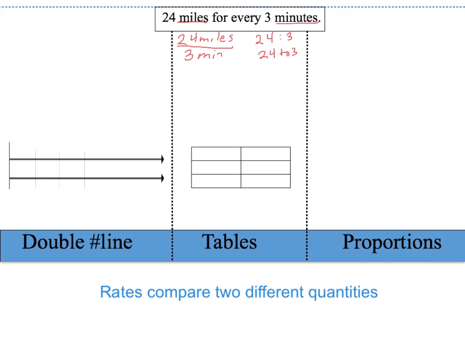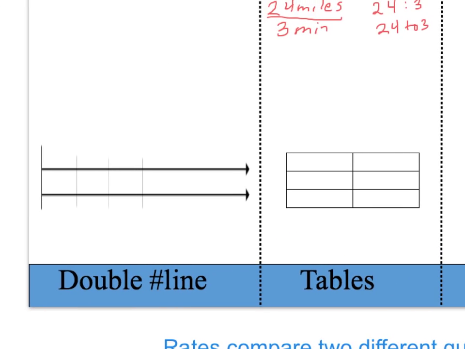So this slide shows you three different strategies for solving rate problems. The first strategy we can look at is a double number line. If I zoom in on the double number line, I know that miles or distance would go on the top, so I'm going to start with 0 miles, and time, 0 minutes, will go on the bottom.